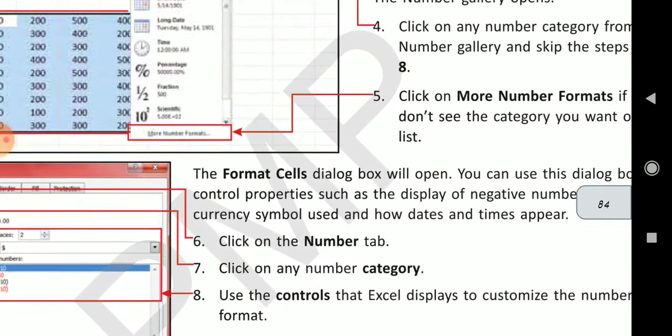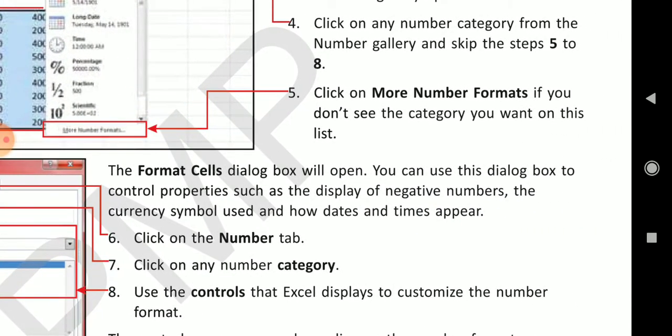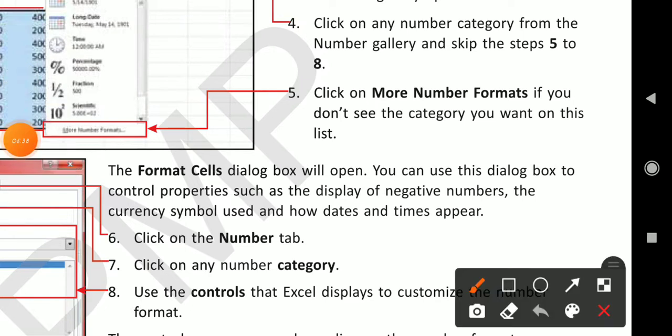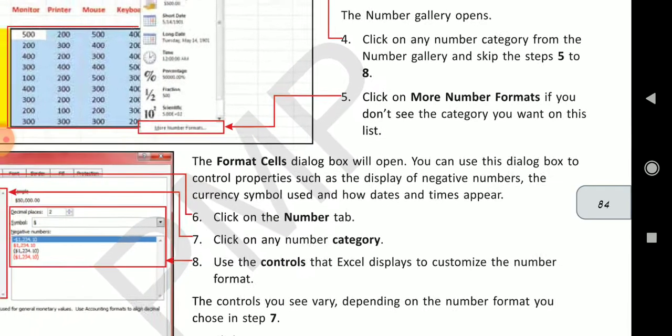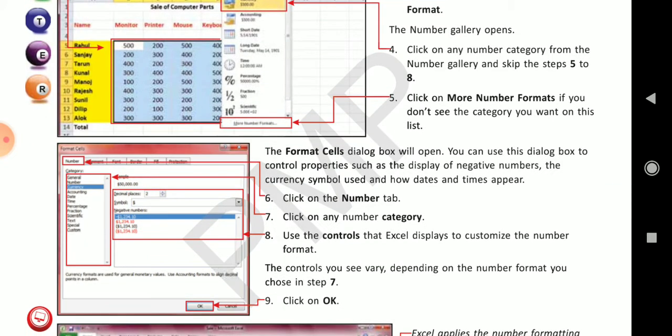The Format Cells dialog box will open, and you can use this dialog box to control properties such as how negative numbers and the currency symbol are displayed, and how dates and times appear. Click on the number tab and then click on any number, and use the control to customize the number format.